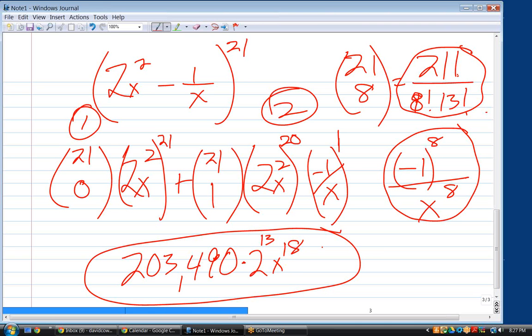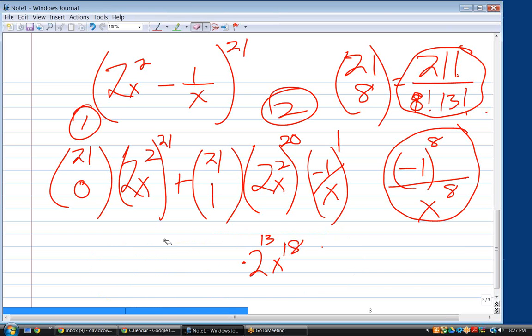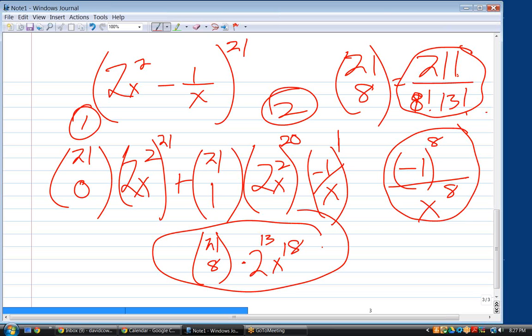And given the way they gave that one answer as 10 choose 5 times 2 to the 5th times 3 to the 5th, remember that one? So they might even give the answer like this: 21 choose 8 times 2 to the 13th times x to the 18th. I bet that's the way they give the answer. That would fit that other problem we did.